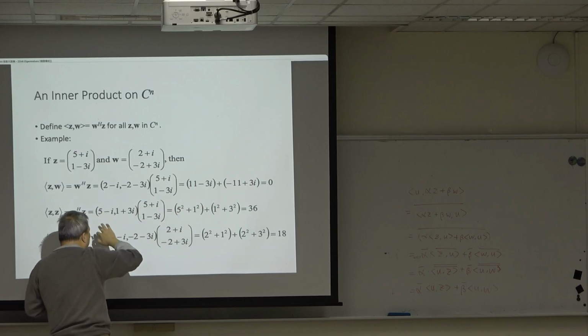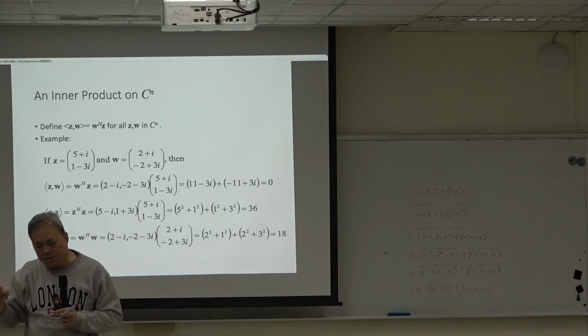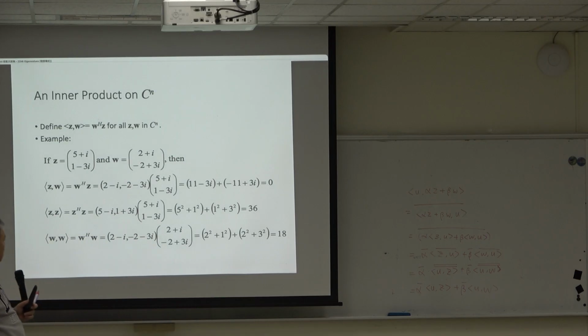If this inner product is 0, it implies that these two complex vectors are orthogonal. We will define that shortly.